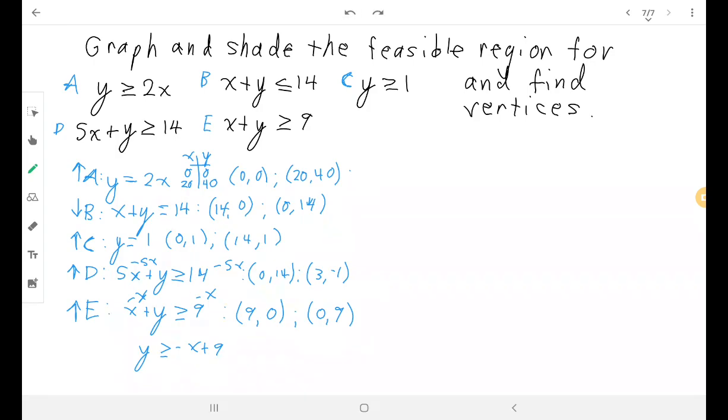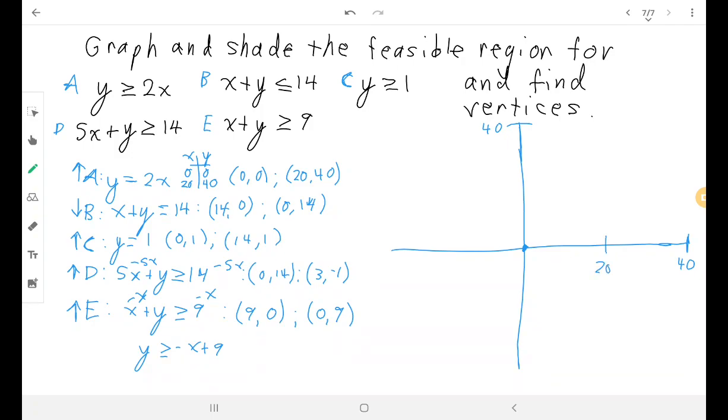I was going to do something more with A, but let's graph what we have. Okay. All right. So for A we've got 0, 0, and 20, 40. So let's say our max is 40. And then it's real easy for me to find 20, right?